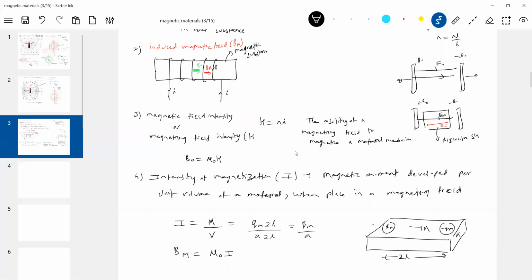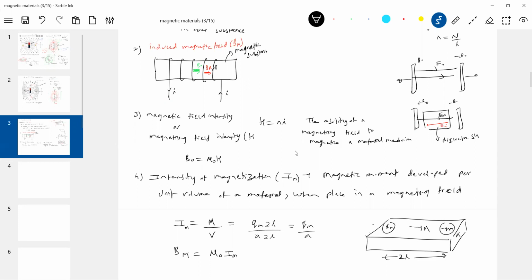The induced magnetic field is expressed like this: Bm equal to mu naught into Im. Some books give the symbol capital I, you may get confused with the current. Intensity of magnetization. I think in SC or my easy, you follow this symbol. Let me carry on with this one.